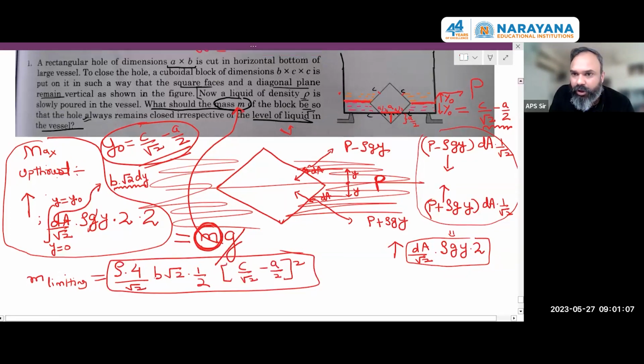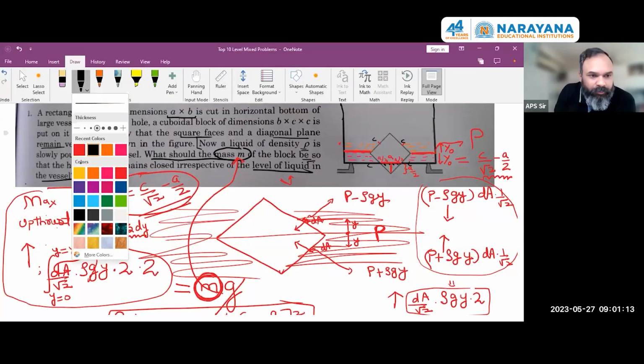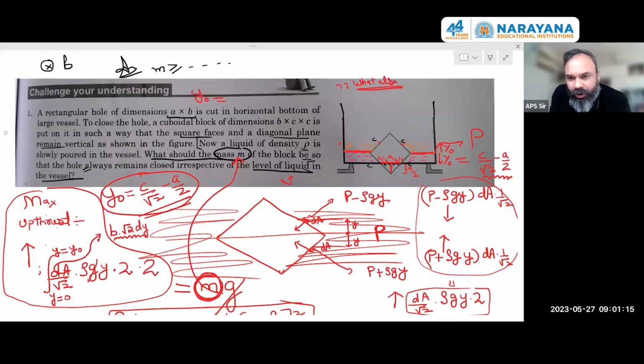Now let us come to the logic of the problem. Up to this point, we understood that this should be the maximum M. Now my concern is, let's say you fill the liquid up to this place. I will divide my explanation into 2 segments again.